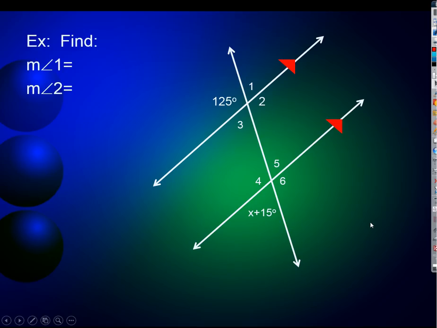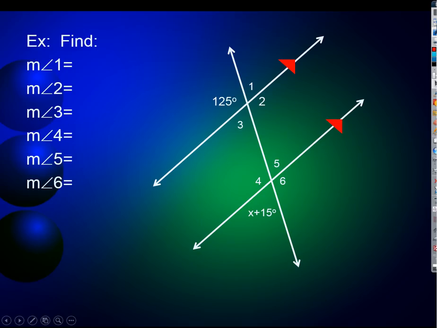So let's try this. What about the measure of angle 1? How am I going to find that? What do you think? 125 plus x equals 180. Okay, 125 plus that angle has to equal 180, right? They're supplementary. How come?